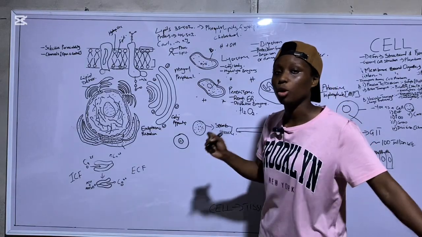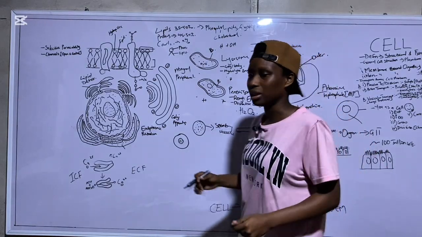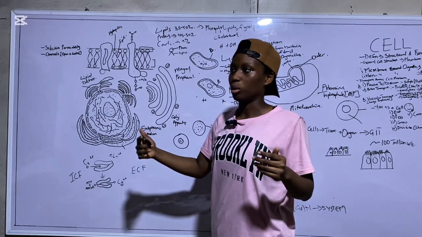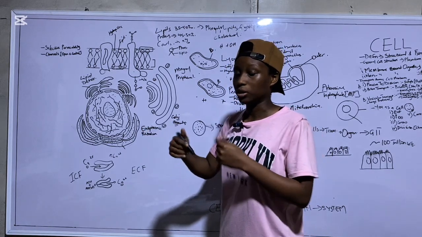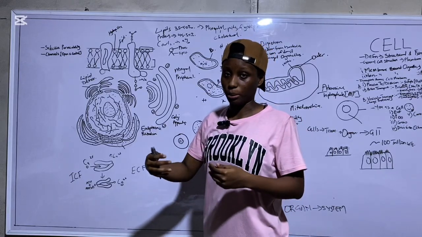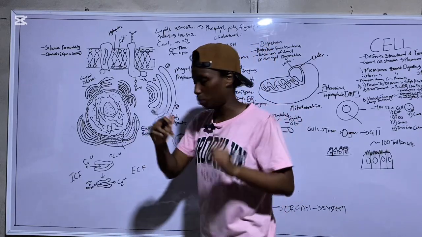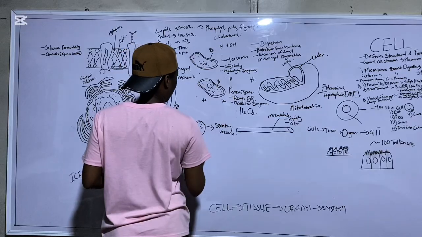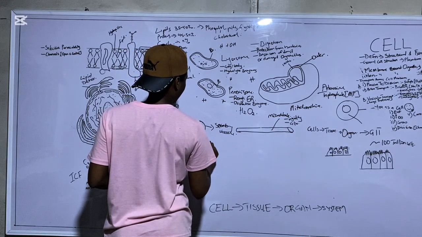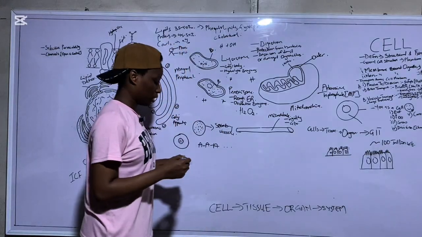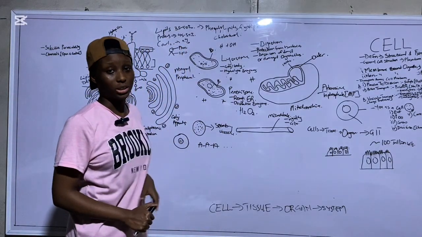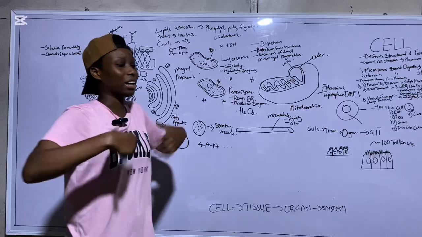This is what happens. A protein is made up of amino acids. A protein is a bunch of amino acids joined together by polypeptide bonds. So what happens in hydrolysis? Hydrolytic enzymes are the ones that carry out hydrolysis.